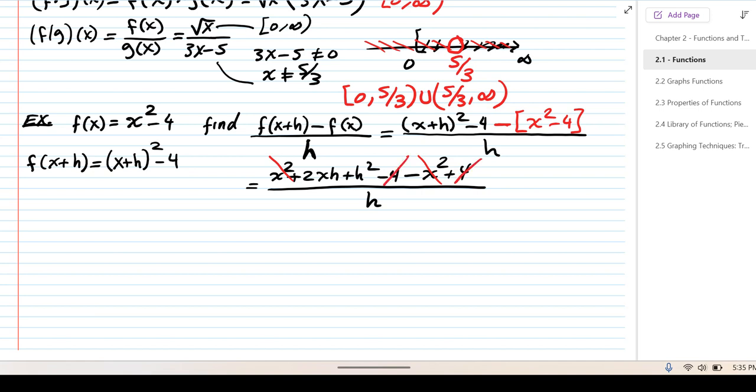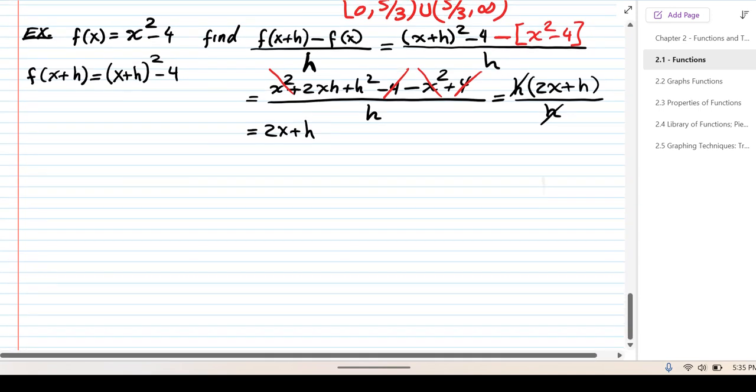A 4 and negative 4 add to 0, and that's as far as the like terms go. Now, in the numerator, I can factor the h from 2xh and from the h squared, divided by h. Dividing the h's out, here we get 2x plus h, and that's the result of that difference quotient.